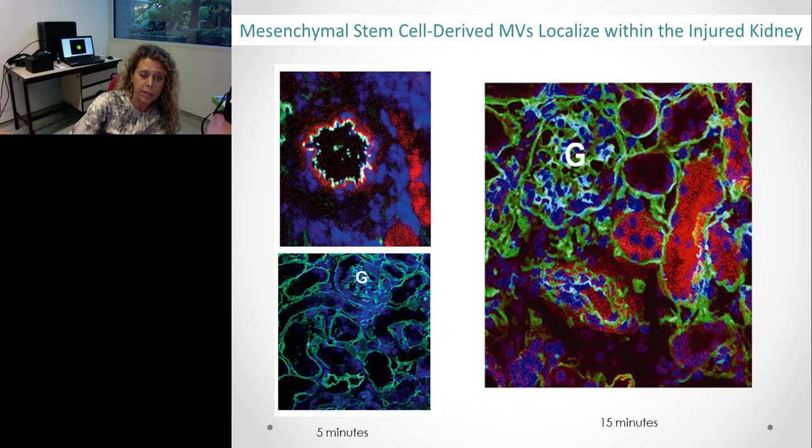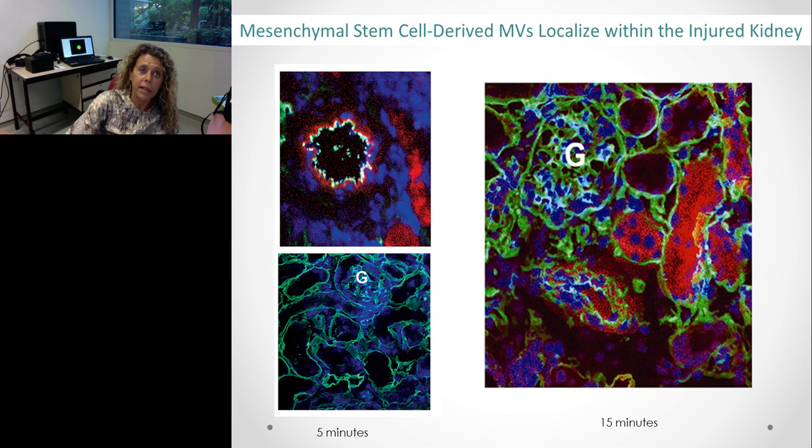So we have fibrosis of the kidney, and we can see that both the vesicles and the cells have a very therapeutic effect on limiting the fibrosis of the kidney.